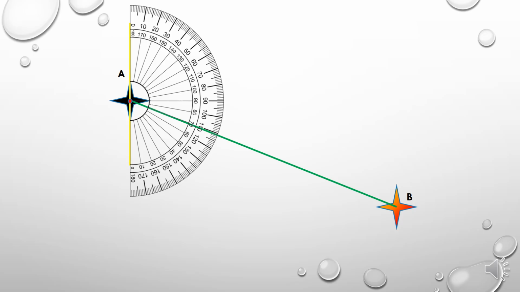We now observe that the line linking points A and B correspond to the angle 111 degrees. Therefore, the bearing of point B from point A is 111 degrees.